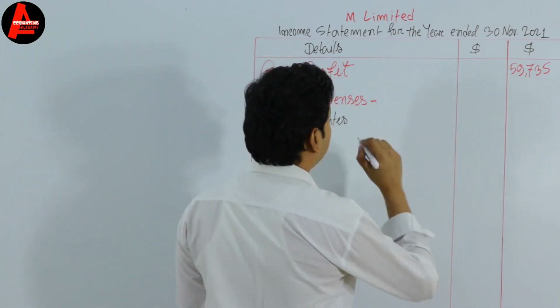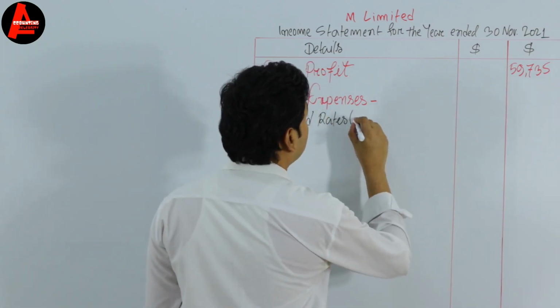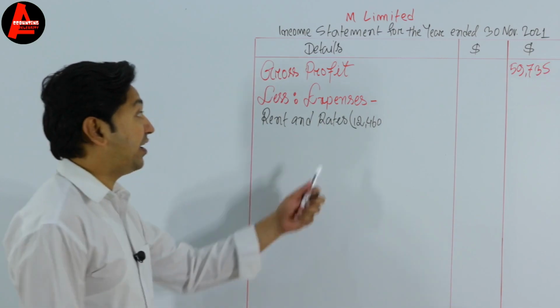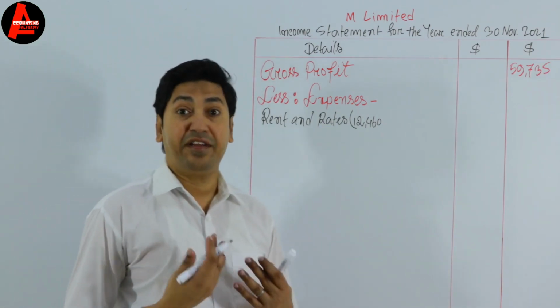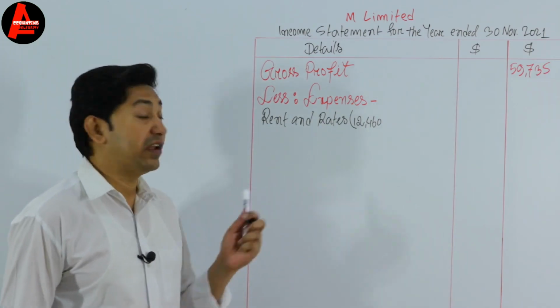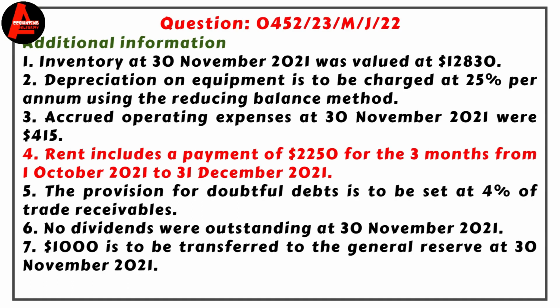We will not write it here, we will write it here. Now you might be thinking, why here? Well, we have an adjustment regarding rent and rates. Let us have a look at the adjustment. So here we see number 4, rent includes a payment of $2,250 for the 3 months from 1st October 2021 to 31st December 2021.